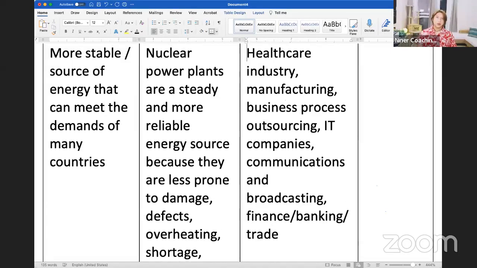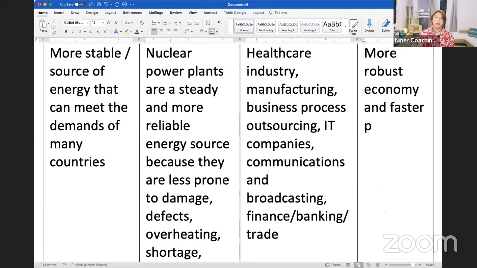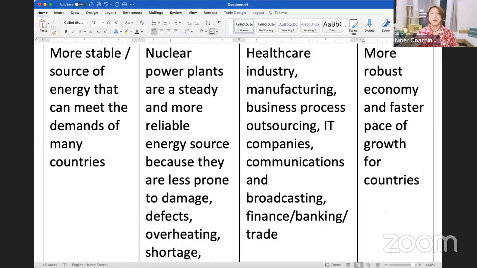You know all of these words, but you don't use them in your exam. You tend to use the more general terms instead. So what will be the result of this? A more robust economy and a faster pace of growth for countries.